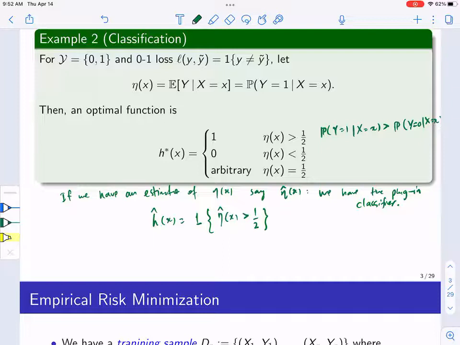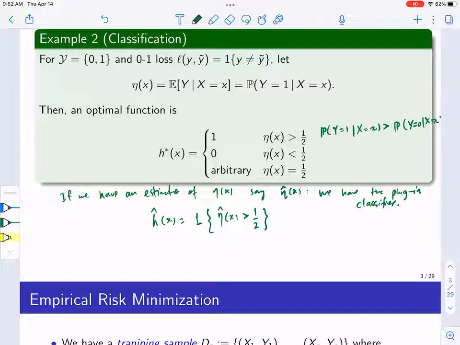But for example, if you do KNN, so if you do the KNN regression estimate, this would be the KNN estimate for the regression function.